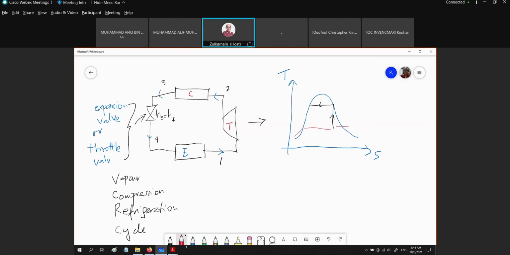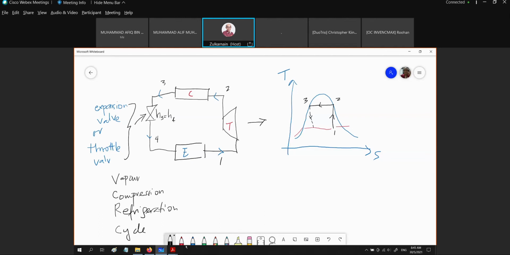If this is 1, 2, and 3, now for the throttling process we sketch process 3 to 4 as this, which is a highly irreversible process.